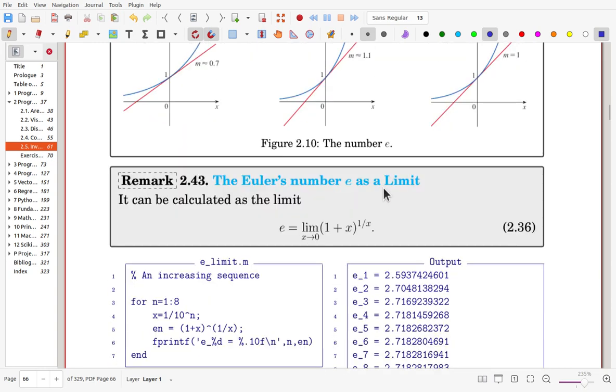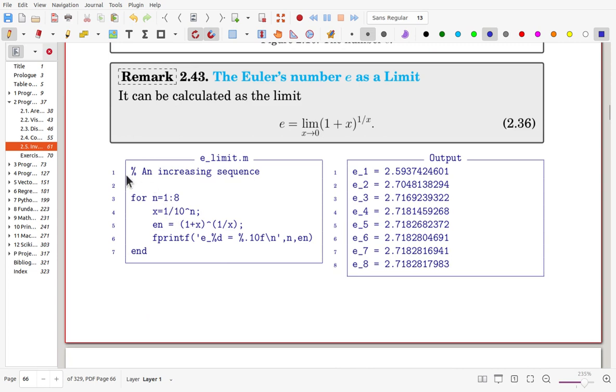Here e can be found as a limit. e can be calculated as the limit, as x approaches 0, of 1 plus x to the 1 over x. Let's check how it is converging.